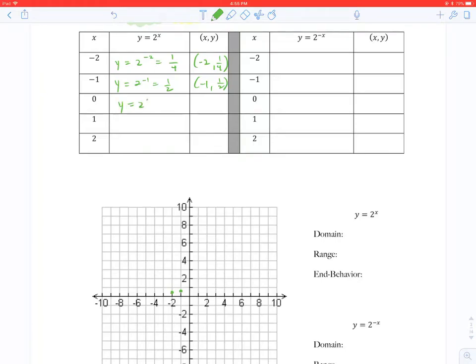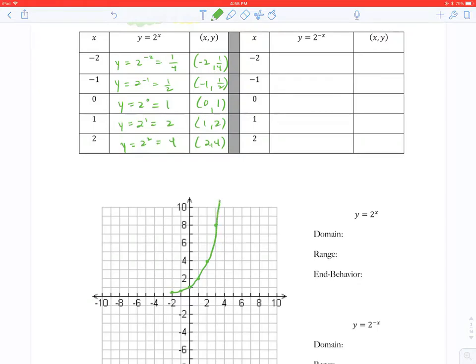Plot that. 2 to the 0th is 1. 2 to the first. 2 squared. Okay, and then if I were to substitute 3 in for x, that would be 2 cubed is 8.